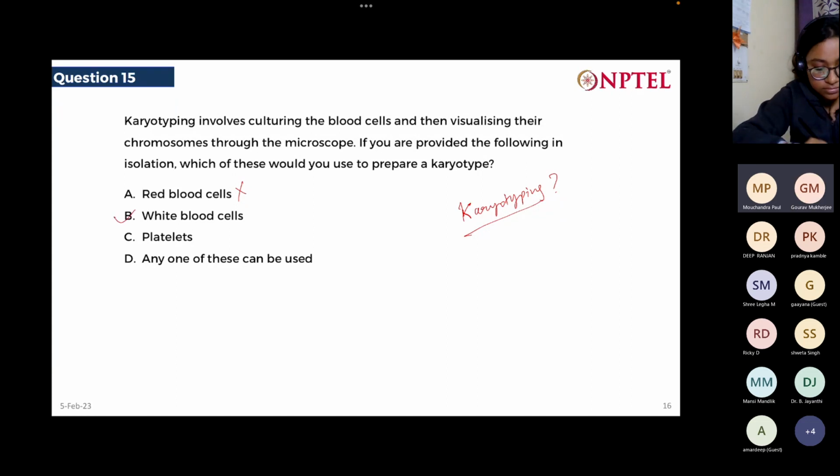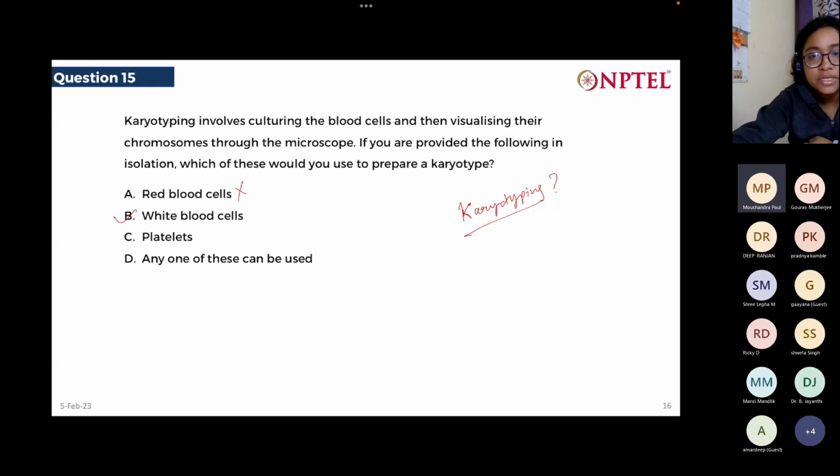Ma'am, because platelets are basically involved in the clotting of the blood. If any cut happens, then platelets form a clot on the cut part. Platelets actually secrete the clotting factors, and those are then involved in the clotting process, the wound healing process.